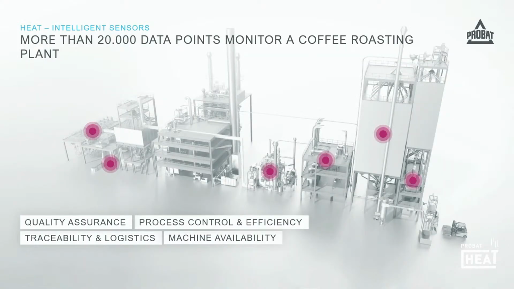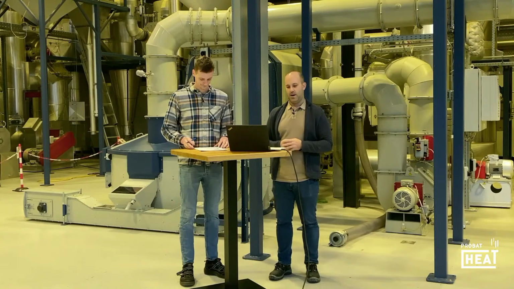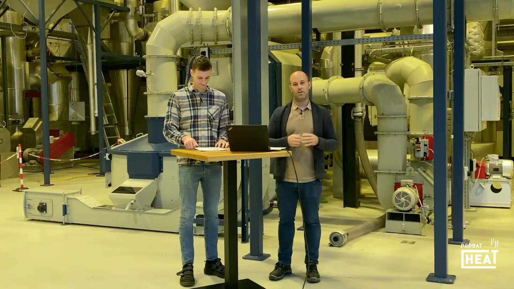What we have seen at the beginning of the session is that we have a lot of values or data that are necessary to run a coffee roasting plant or a coffee processing plant. In this case, we have more than 20,000 data points in a common roastery with various purposes. Some of them have the purpose to assure a better or a consistent quality.